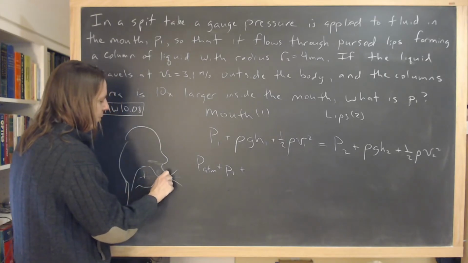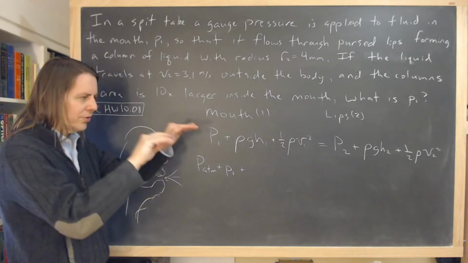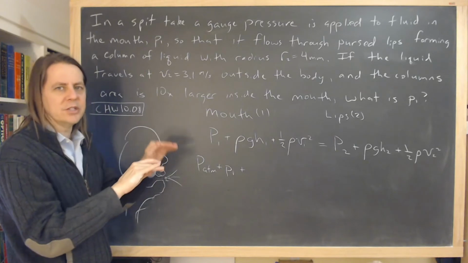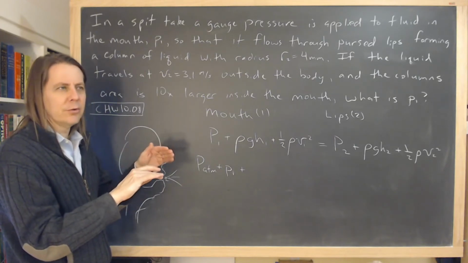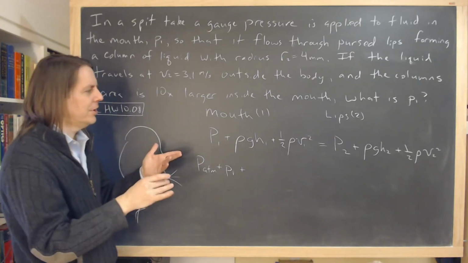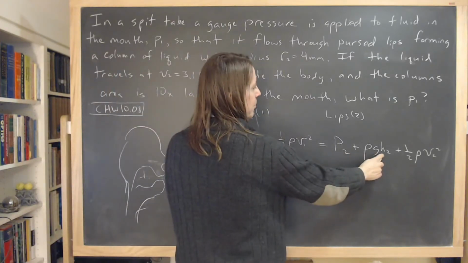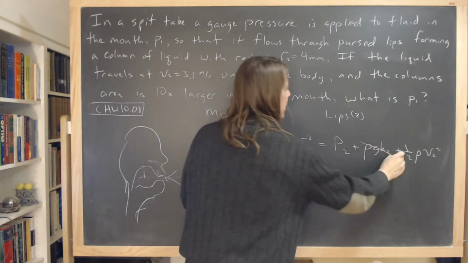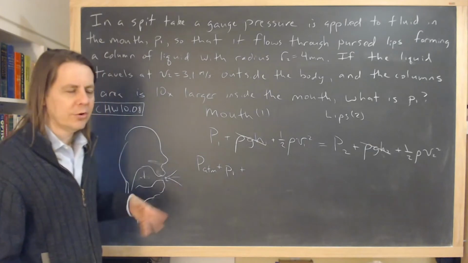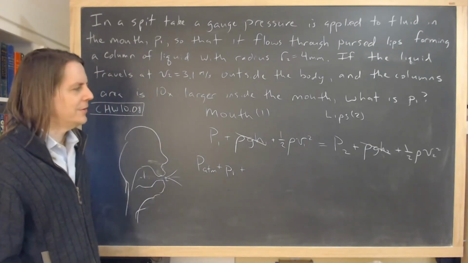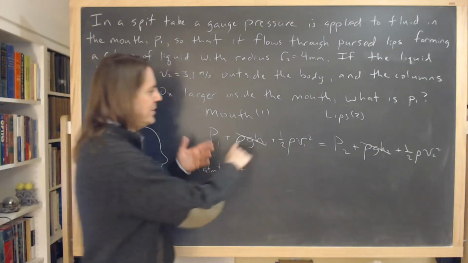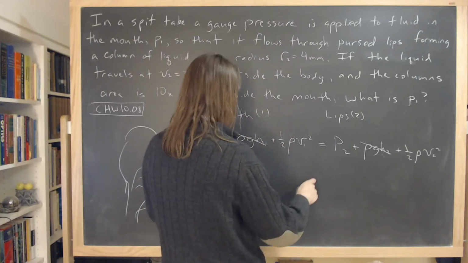The point I'm getting to is that this is a horizontal flow. There's no height change in the flow, so there's really no gravitational potential to think about. So these two terms are the same, and you just cancel them. This problem isn't about height. There's another problem later about flow uphill, and then the terms will matter. But these two go away because h1 equals h2.